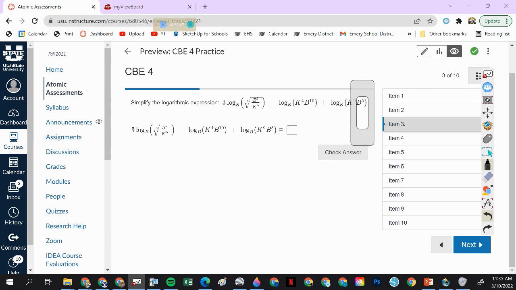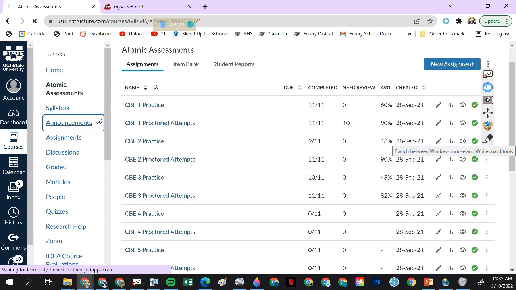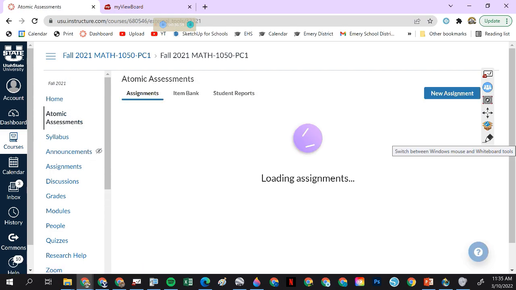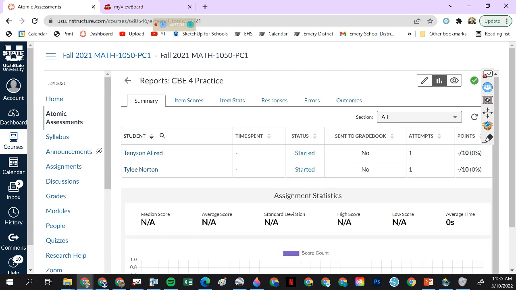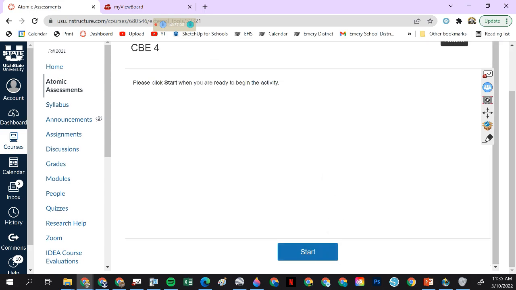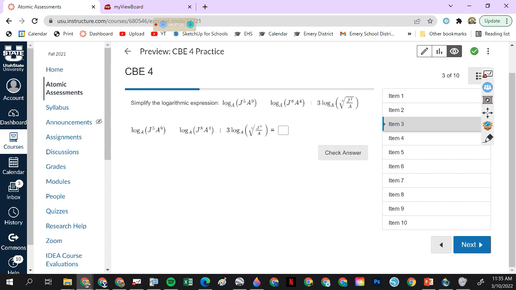Okay, let's do another one. Now they're all going to simplify to something pretty easy, but it's not going to be 0 every time. Three, I think. All right. So this 3 is going to cancel that 3.